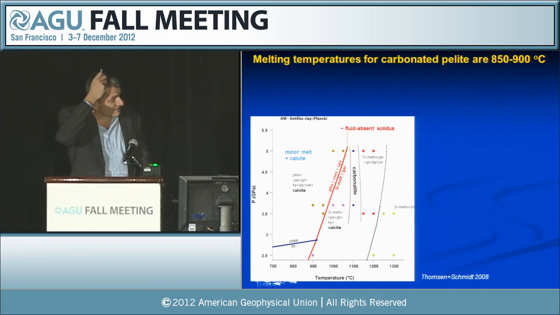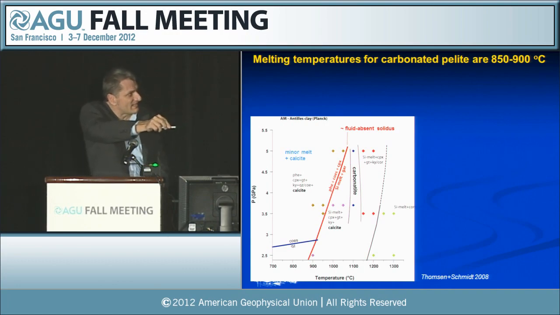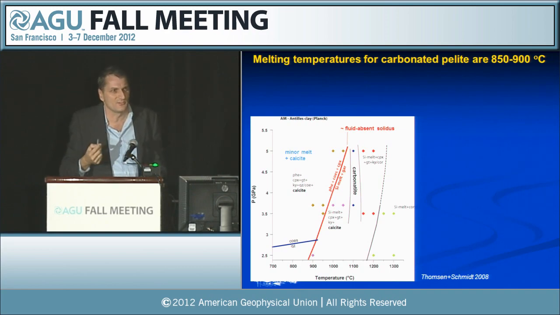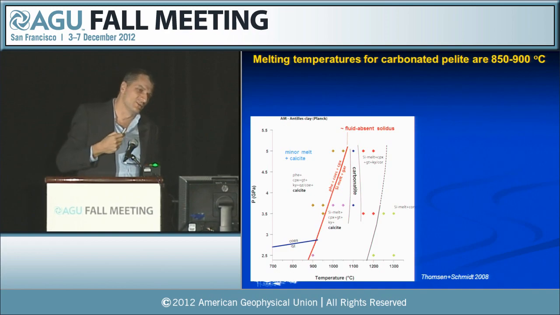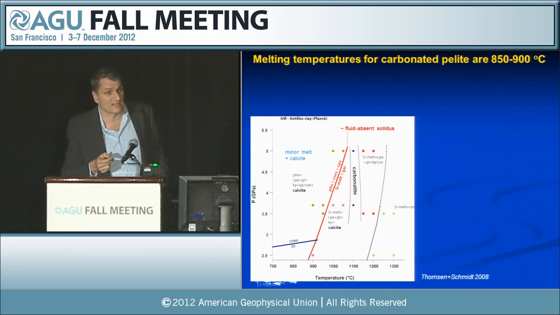Okay, melting. This is a melting diagram for carbonated pelites. You see these experiments were set up in a way that we try to do the fluid absent melting. So no excess fluid, water stored in phengite, and CO2 stored in carbonates. It turns out that's not possible. You cannot pick a composition with an appropriate water and CO2 content and get a fluid absent reaction.